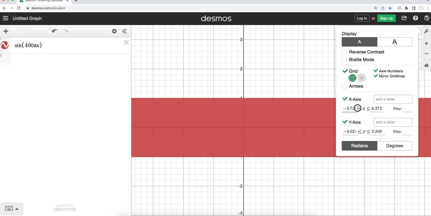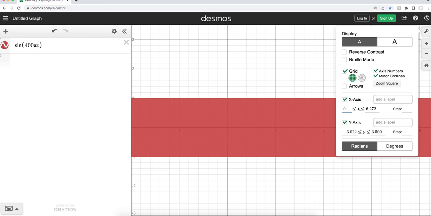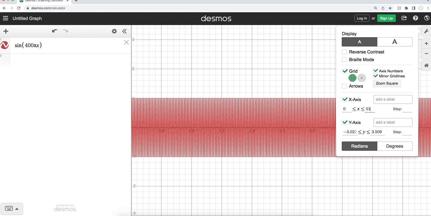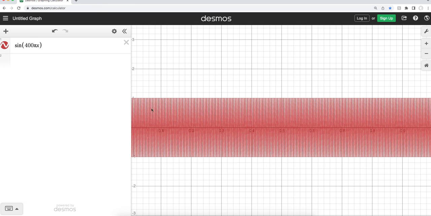So let's see if I can go between 0 and 1, and let's go a step of 0.02. See if that helps. Well, in any event, it's a little bit easier to see, a little bit of space between the waves.